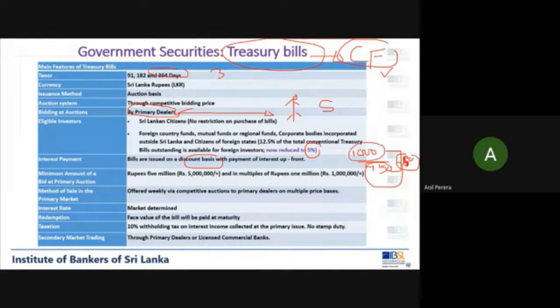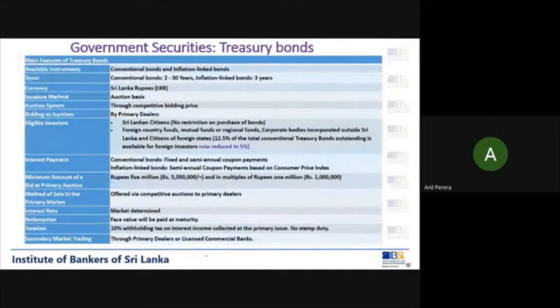At the maturity, your value is 1,000. Which means there is no capital gain, no loss as such. Since it is issued at the discount, you already have your return in your hand. Other things I'm not going to discuss. These are some features of this market, but interest rate is market determined. Market determined means basically since primary dealers are coming and bidding, the yields are determined in the market.